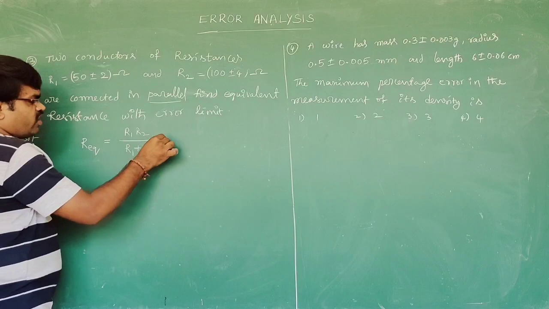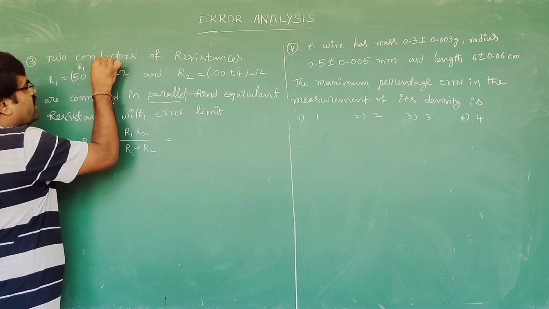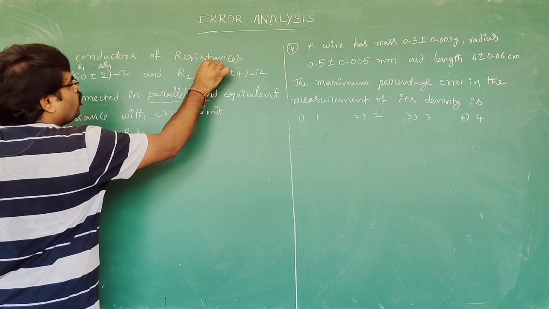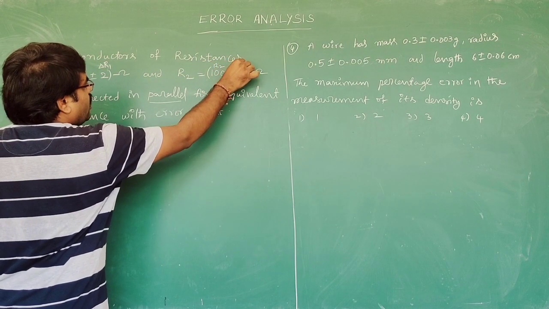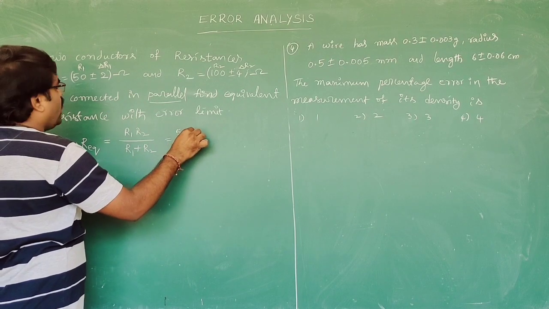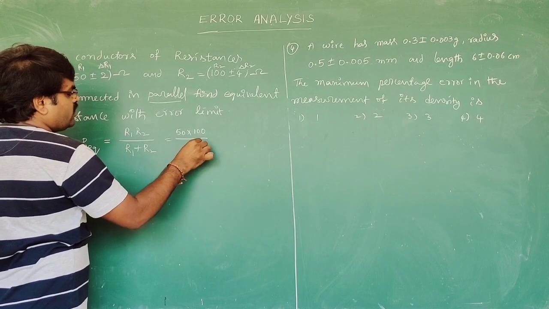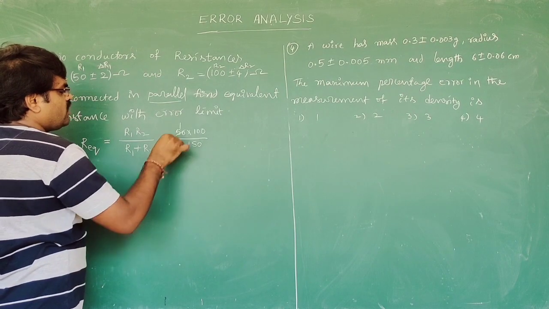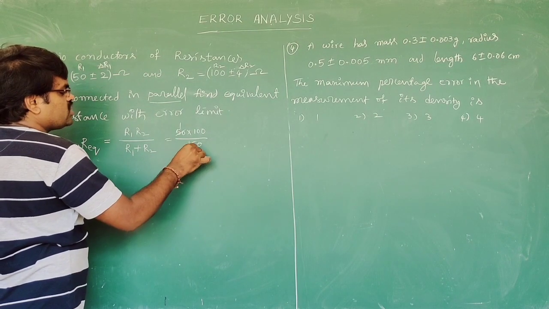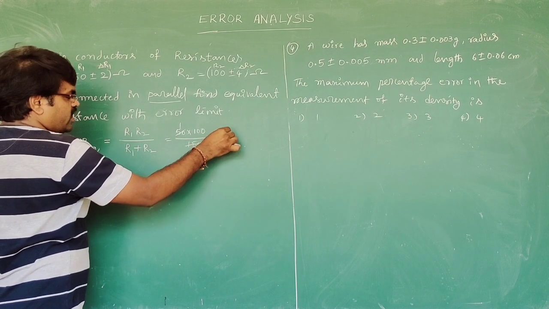First we calculate R_eq. R1 is 50 with delta R1, and R2 is 100 with delta R2. Then 50 into 100 by 50 plus 100, that is 150. Then 50, 5 1 is 5, 3 0, the 0 cancels, that is 100 by 3.